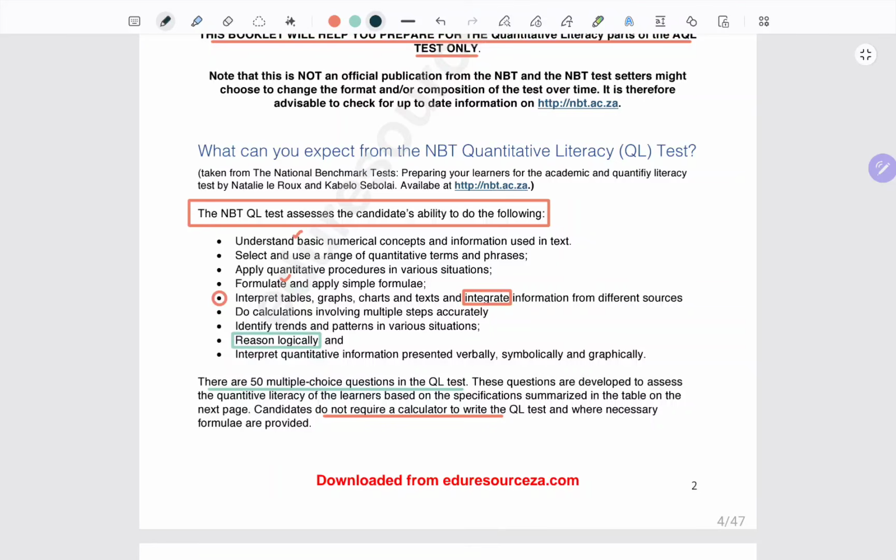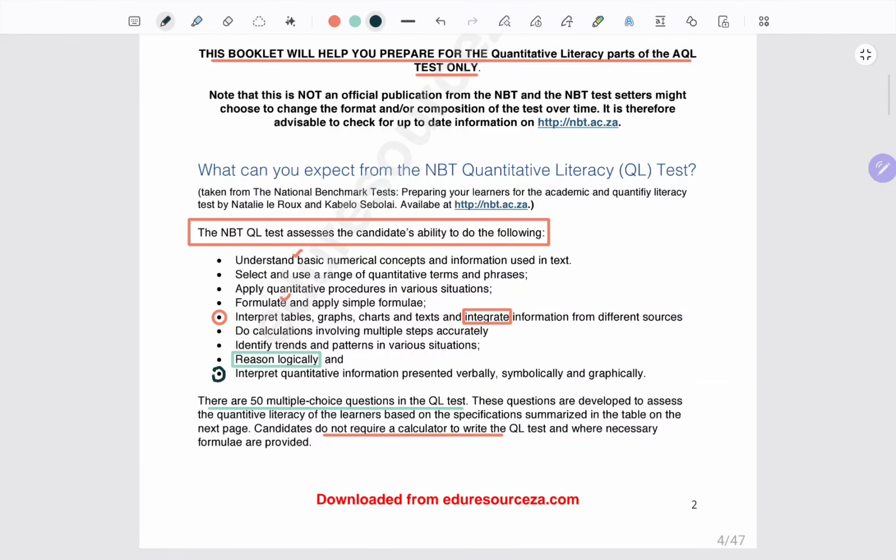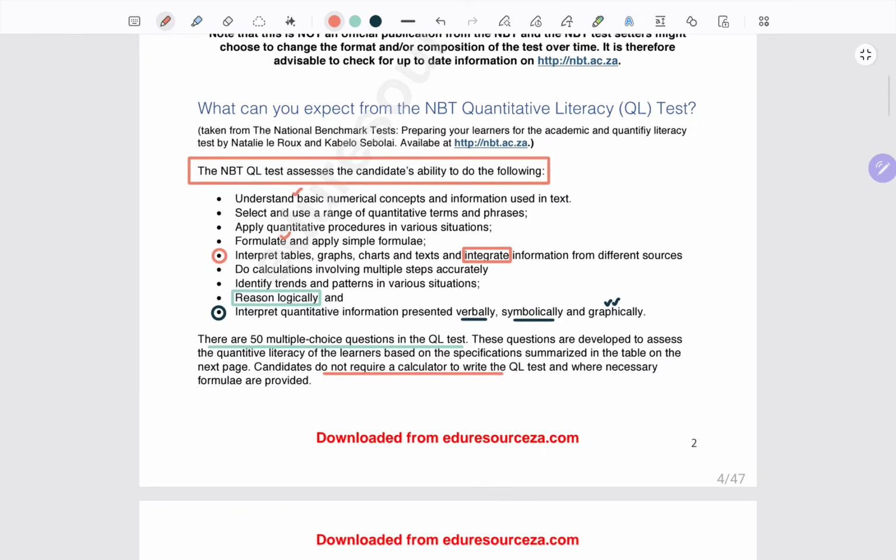I assure you. And of course, folks, we need to interpret quantitative information presented verbally, symbolically, and graphically. When we say verbally, we talk about word problems. Symbolically, we talk about algebraic expressions and equations. And graphically, we look at functions, essentially. Now you would have about 50 multiple choice questions in the QL test.